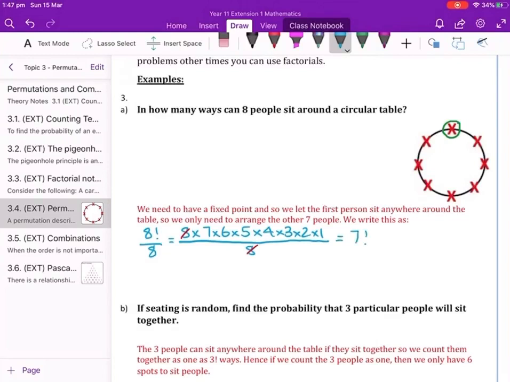So we can also write this as n minus 1 factorial, which would equal 8 minus 1 factorial in our case here. So our answer for how many ways 8 people can sit around a circular table is 7 factorial, which equals 5,040.